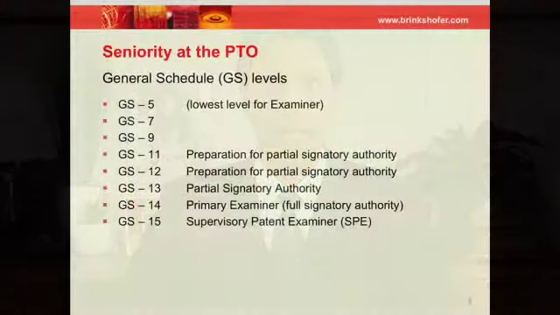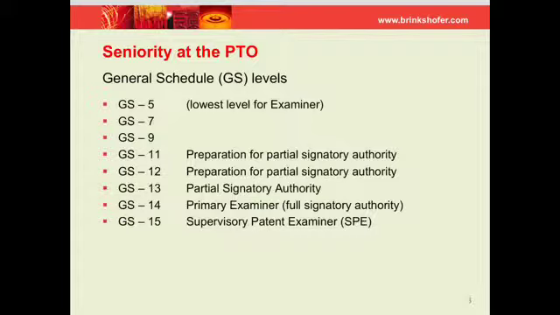They're given partial authority, not entire authority, but they're basically given authority to sign non-final actions, such as non-final office actions. And after they enter GS 14, they enter another program called the Full Signatory Authority Program, where, after they advance through the program, they can sign any action.